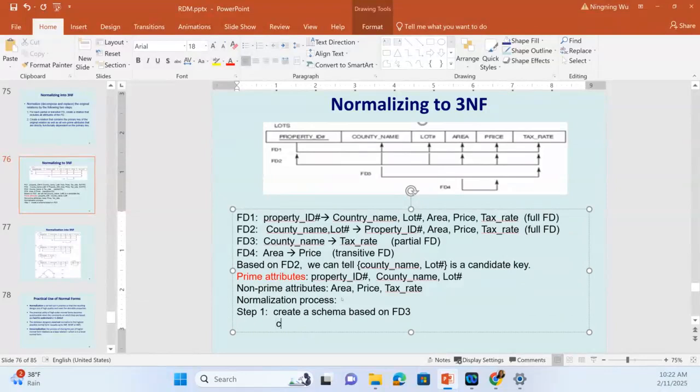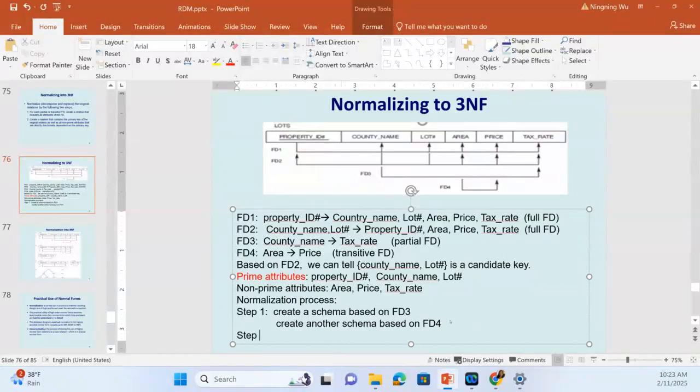Then we're going to create another schema based on FD4. So that's step 1. We need to handle each partial and each transitive functional dependency.